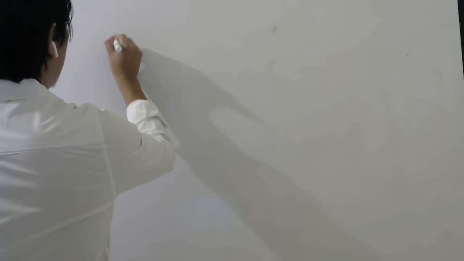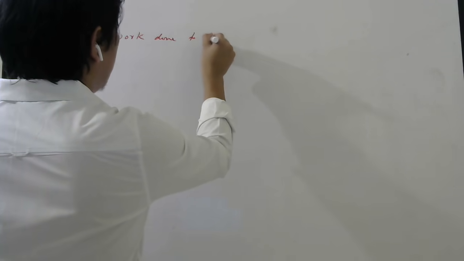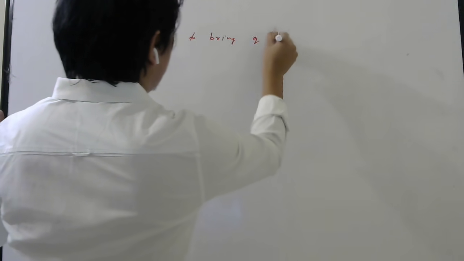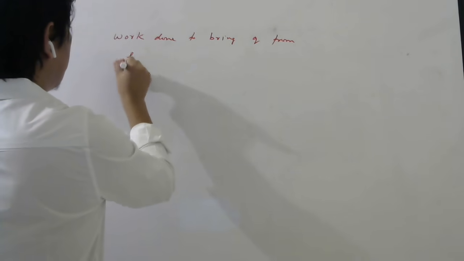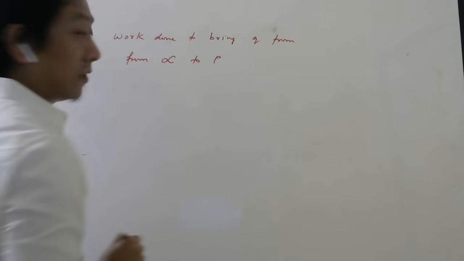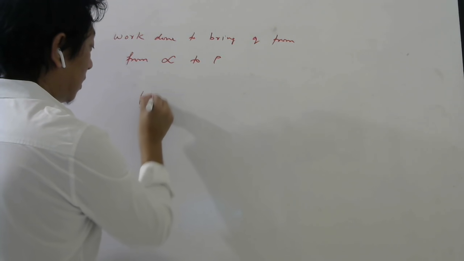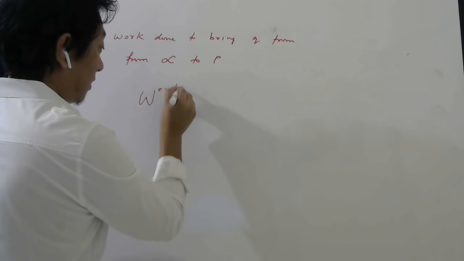So now let us write this formula in a proper way. Work done to bring q charge from infinity to point P. How will I write? Look carefully. Work done by which force? External force, remember.